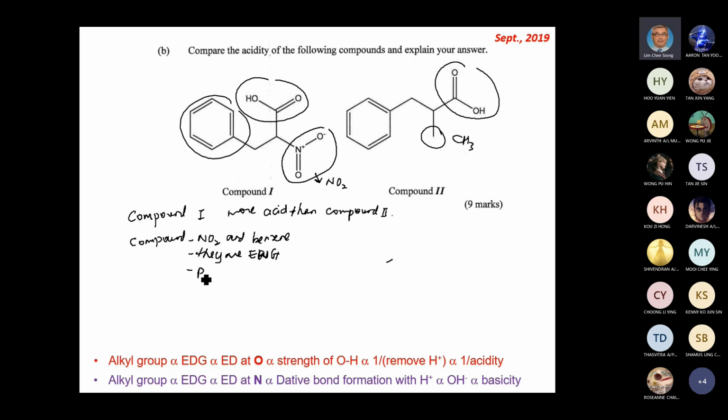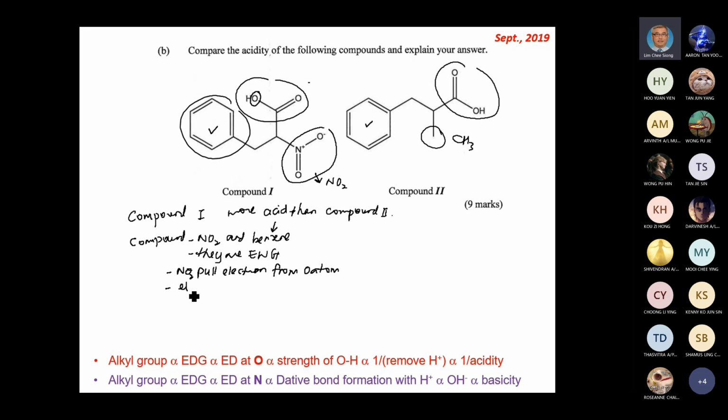Yes, pull electron. Pull electron from where? From the O atom here. NO2 is EWG, and afterward we just focus on NO2. The benzene ring has two sides, but you must mention that it is also an electron withdrawing group. NO2, okay, it's under EWG, pull electron.